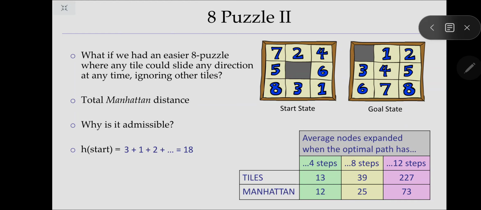For improving the quality of the heuristic, we increase the power of A star by using a more powerful heuristic. A more powerful heuristic is a value closer to the optimal solution.